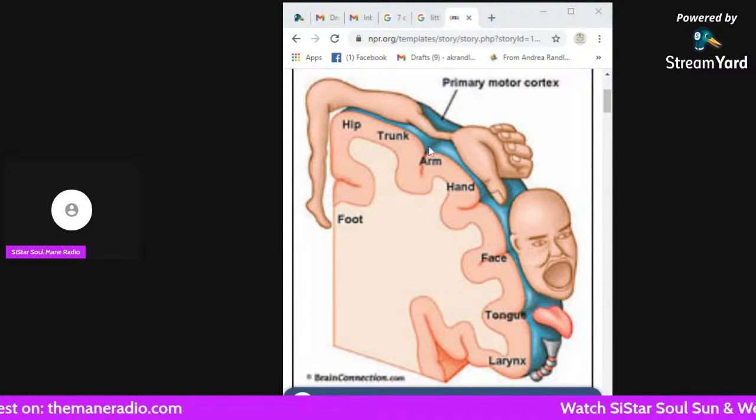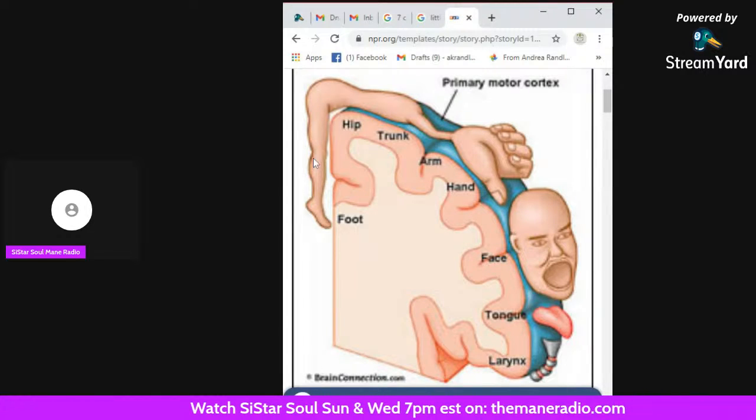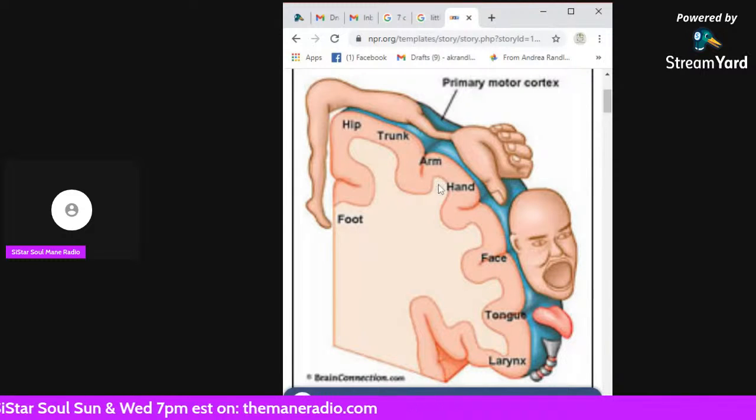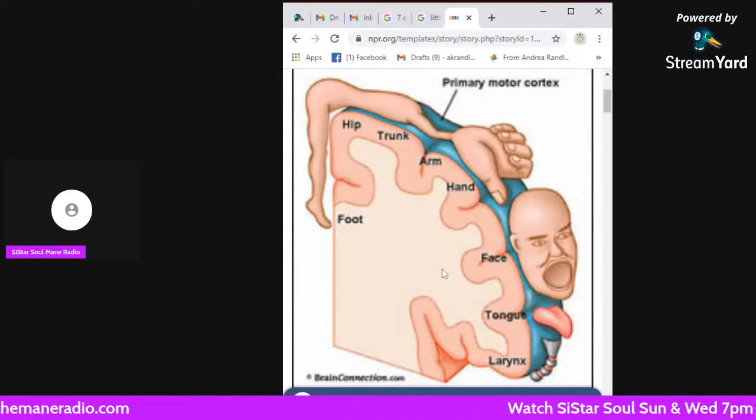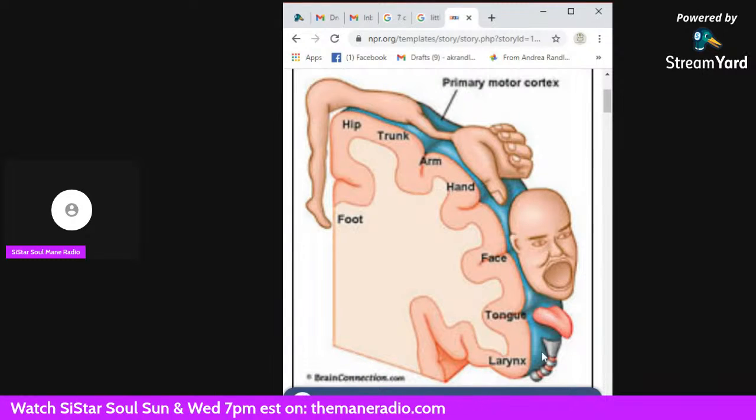So the homunculus, guys, as you see, it is a fantastic little piece of something. This is a brain. Looks like a body and a face, right? Look at that. Check that out.